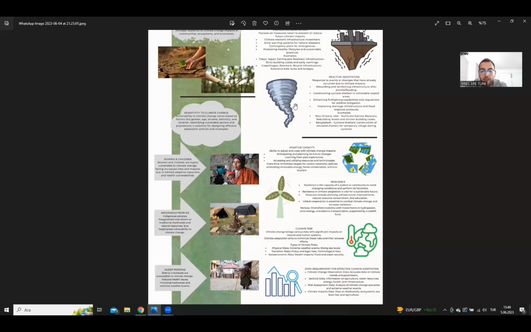Barrier Reef. Data requirements for effective climate adaptation: accurate and reliable data is essential for effective adaptation strategies, assessing impact, and managing risk. Data requirements include climate change observation, sectoral data, risk assessment data, and climate impact data.